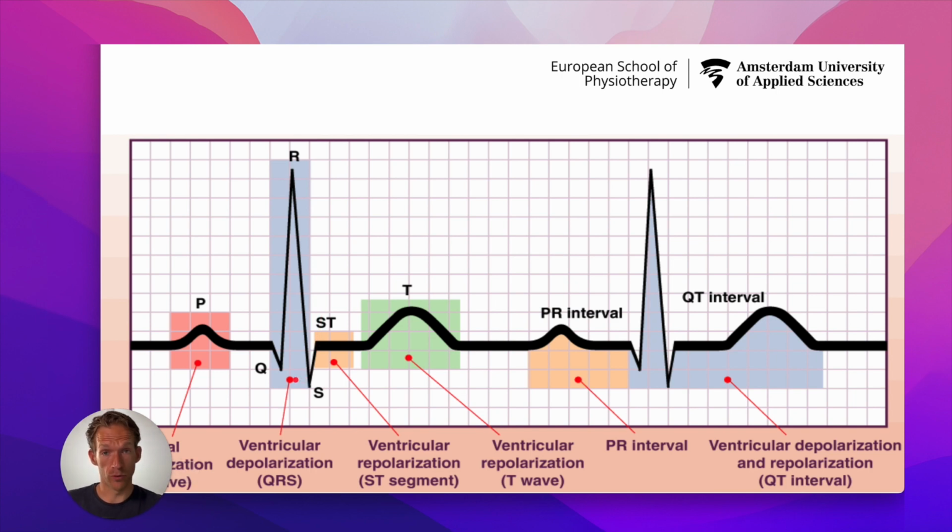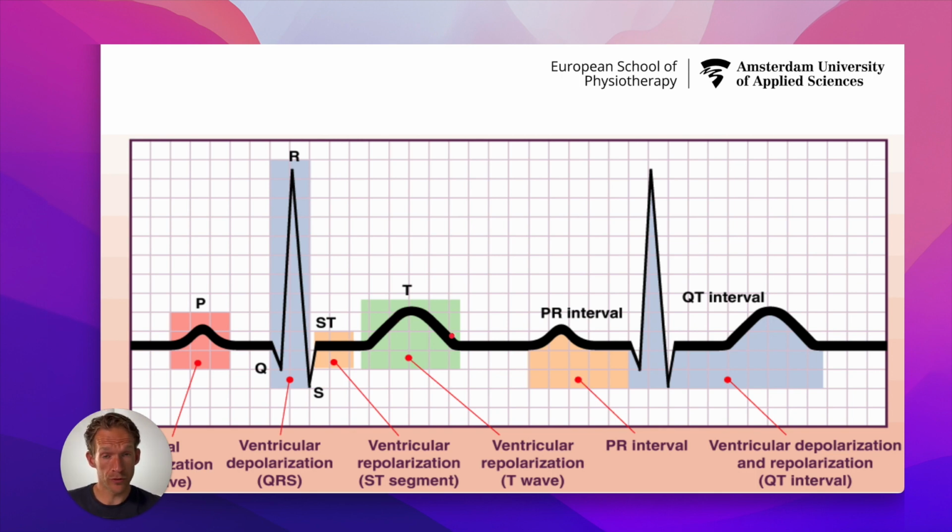So it's not possible to separate those events, but the QRS complex happens when the atria repolarize and the ventricles depolarize. After the depolarization of the ventricles, you expect the ventricles to repolarize, to relax, to refill, and then you expect in a normal ECG a horizontal ST segment followed by a T wave.